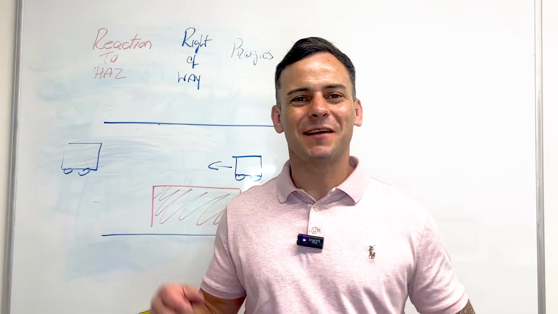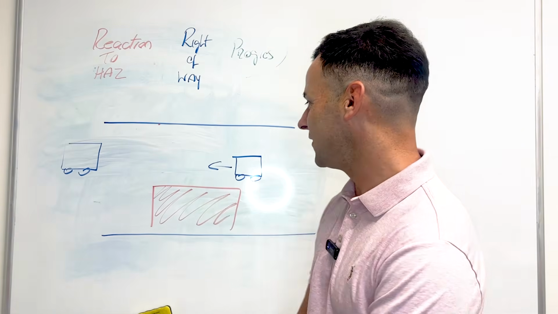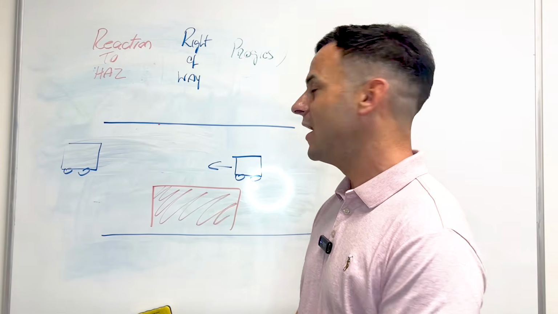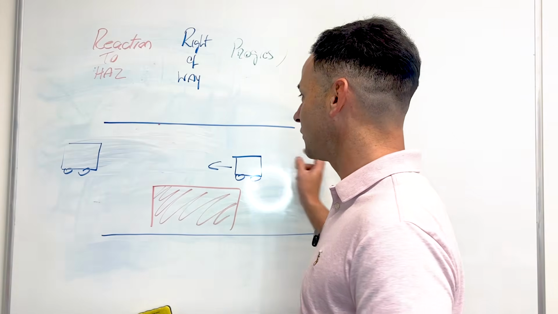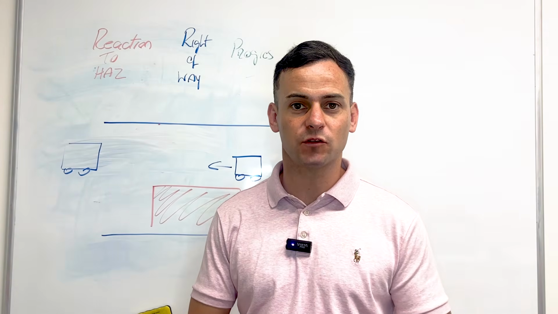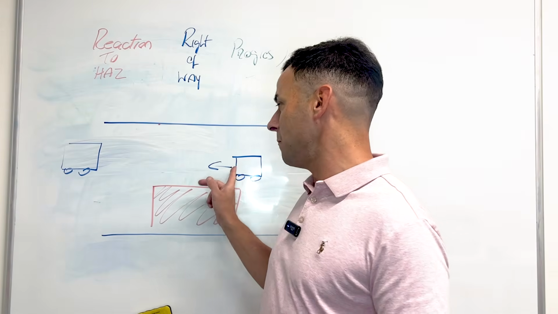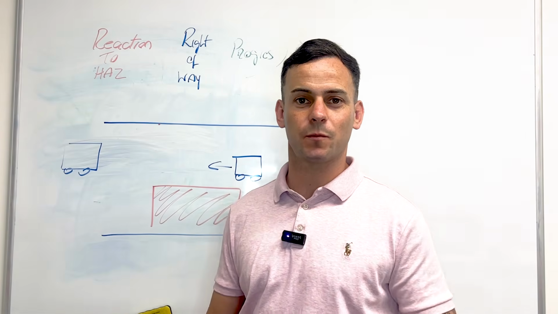Another example when we're talking about parked cars is when you're in one of these really busy estates where the driving test normally takes place, and there are cars parked on both sides of the road and it's really confusing. In this scenario, generally the car in the middle of the road goes first.